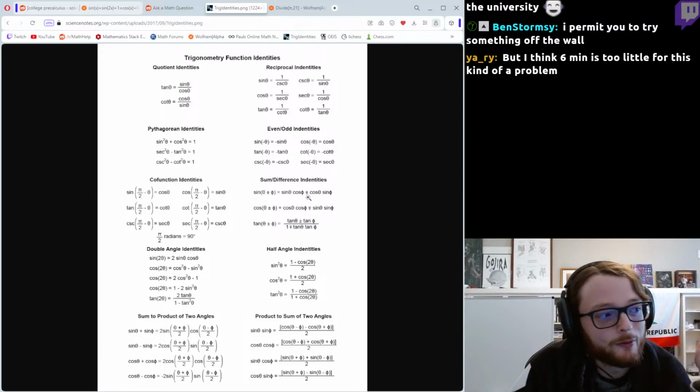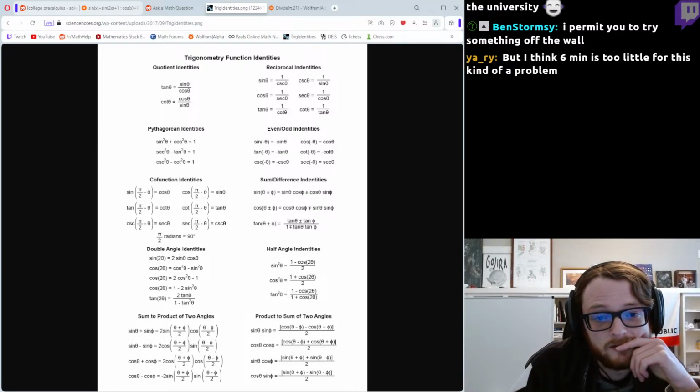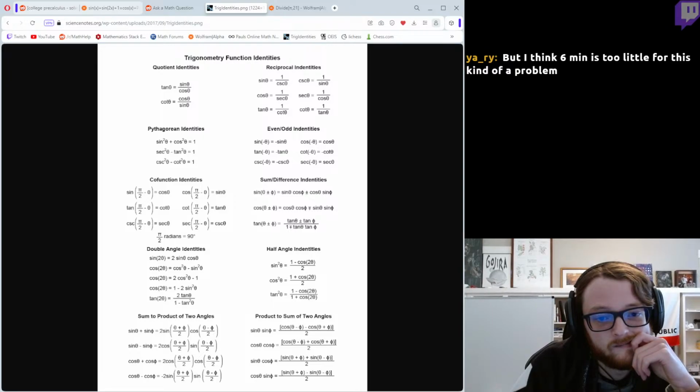Oh no, I think it's your same double angle identity. Never mind. I mean, you could do 2x minus x, or rather 3x minus x, but that seems, no.